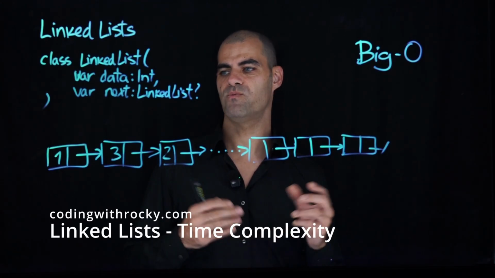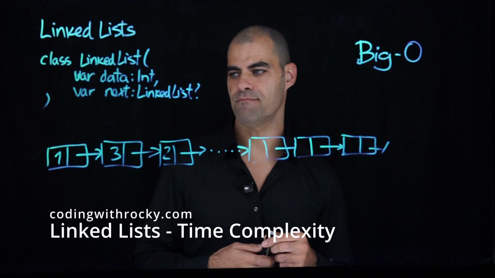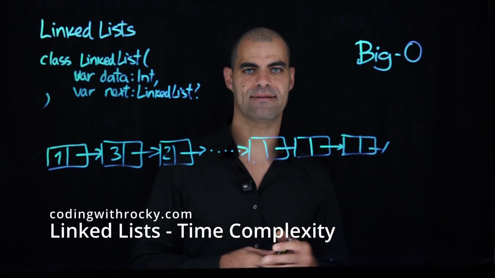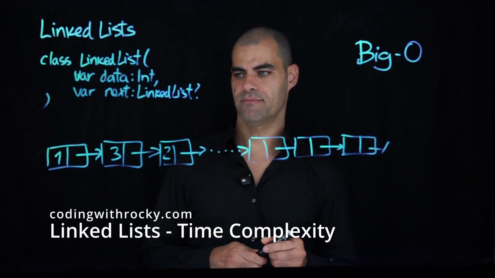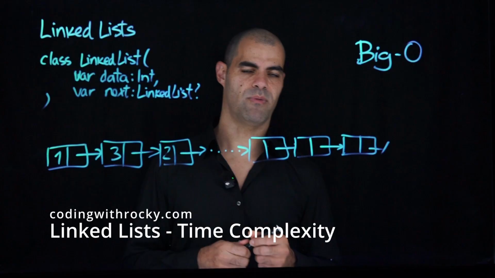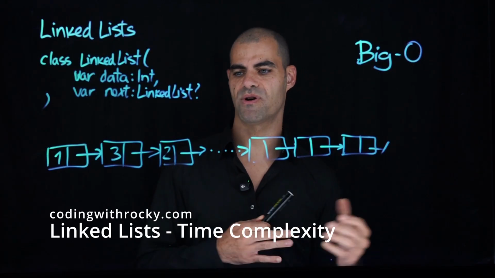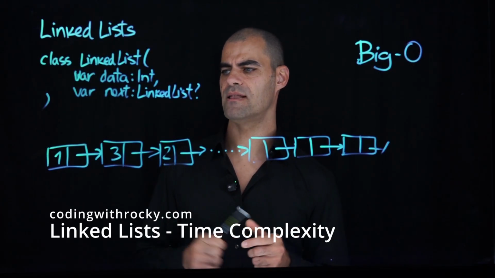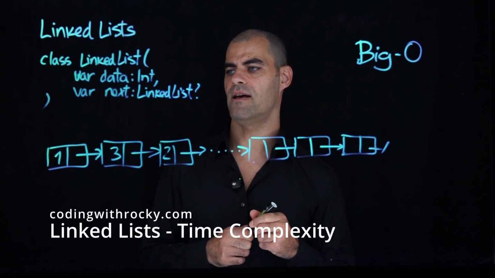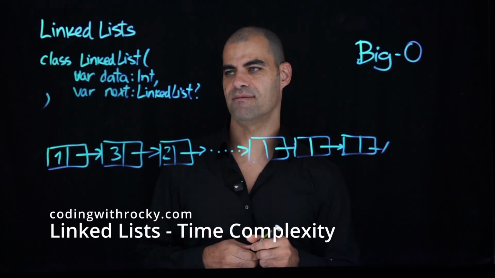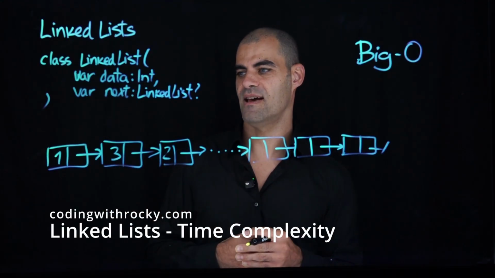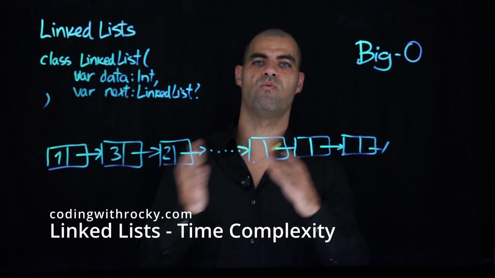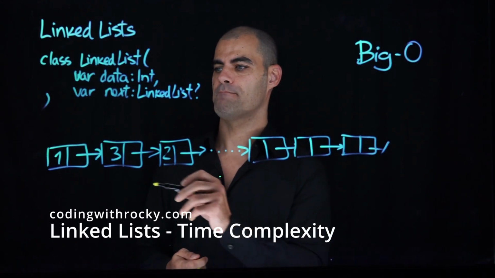So what would be the time complexity of this append algorithm? In the worst case scenario, usually when you talk about the big O notation, you talk about the worst case scenario. The worst case scenario in this case, which is not really the worst case, it's like the constant case scenario, because it's always like this. We always want to add to the end.